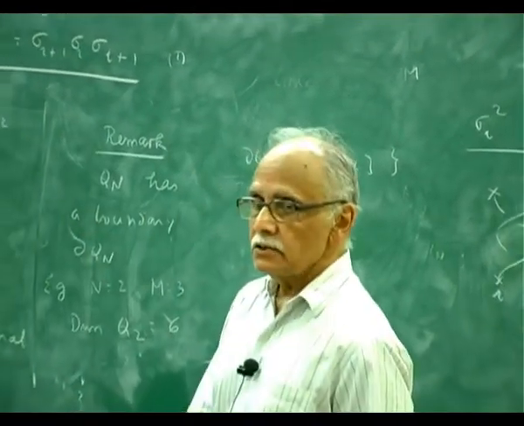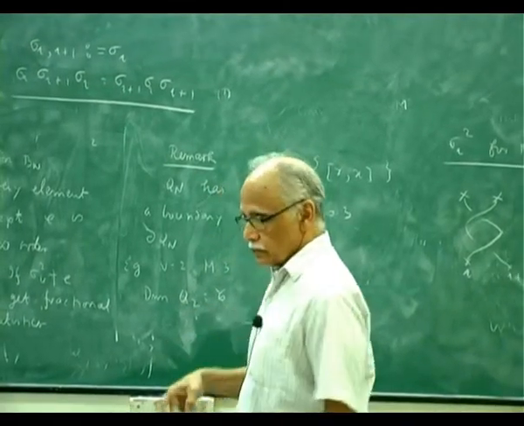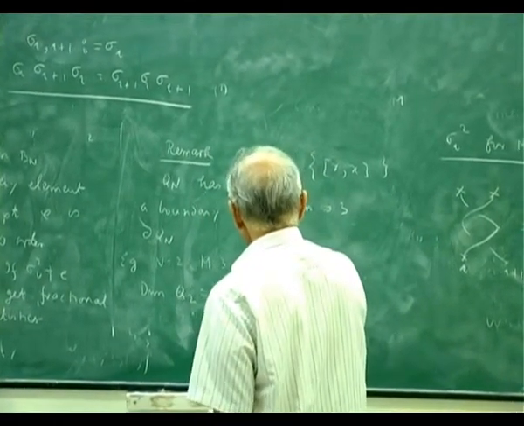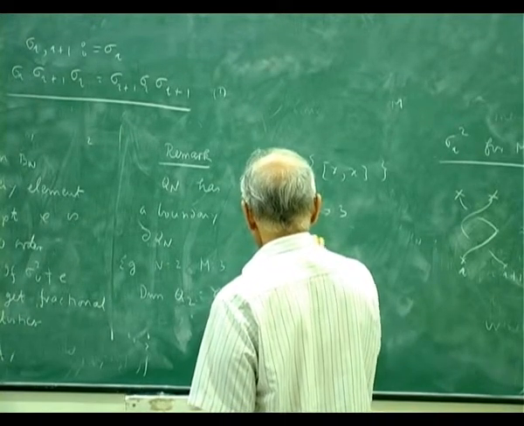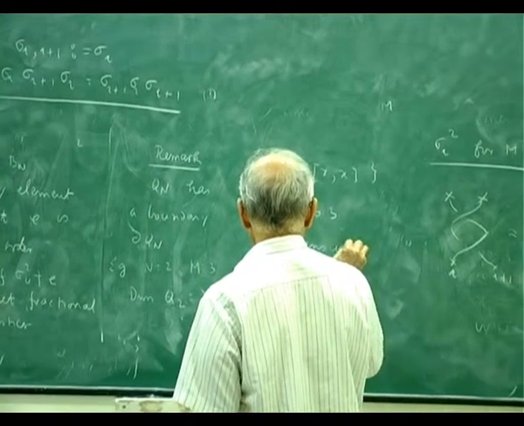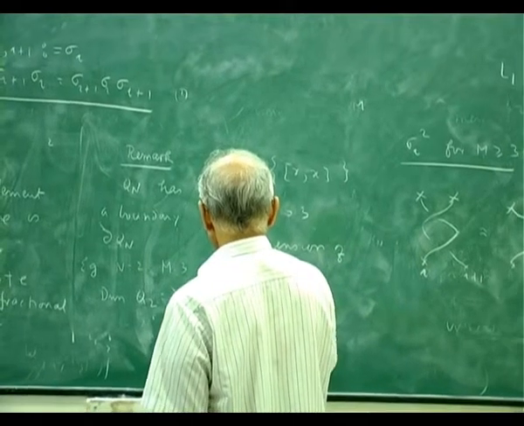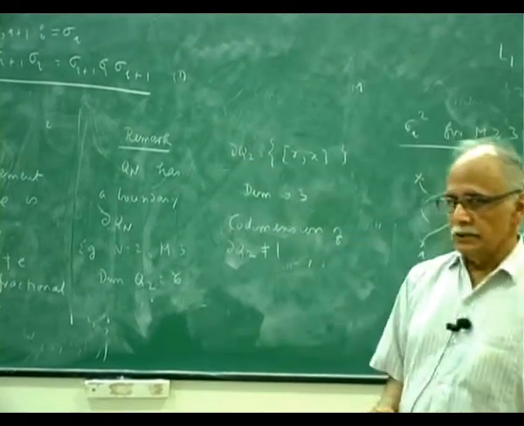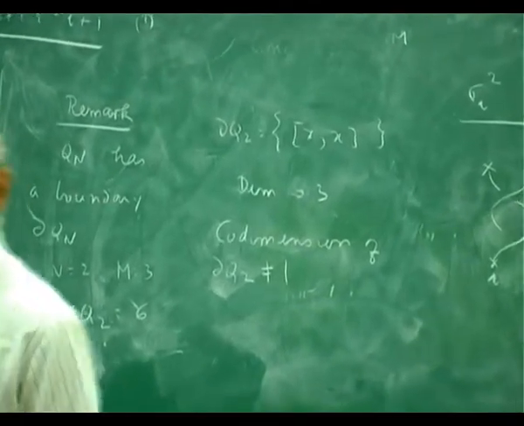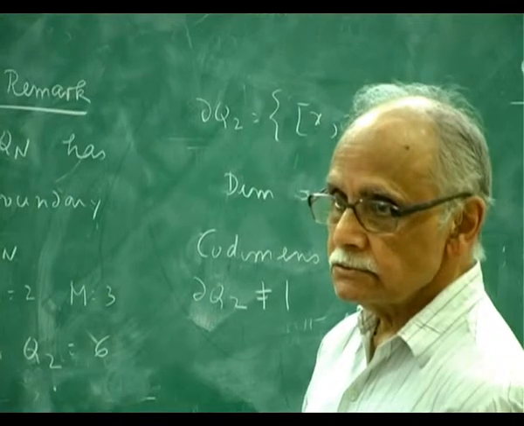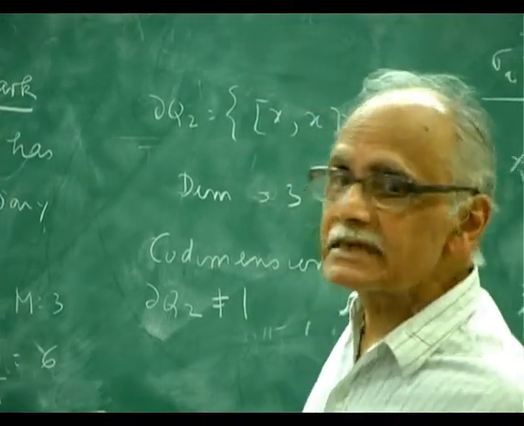Right? So this is a very strange, unusual situation. This is not a regular boundary. Normally, if you have a boundary, the codimension of this thing dQ2 is not equal to 1. Normally if I have a plane in the boundary, you lose one dimension. So what is the first result?